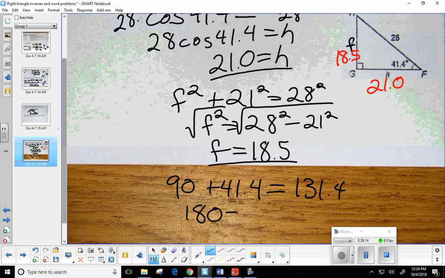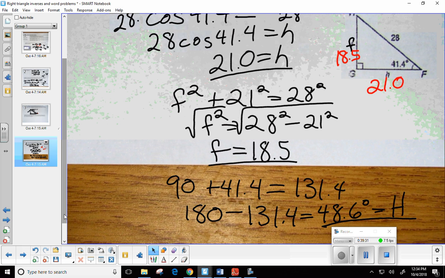So 180 minus 131.4, you said 48.6 degrees equals H. That makes sense, right? You could use trig functions to find those, but you know those properties of the triangle already, so you can just use them and do some simpler calculations. Cool.